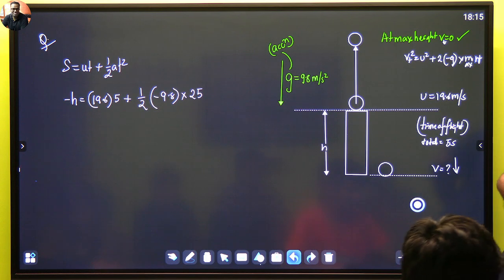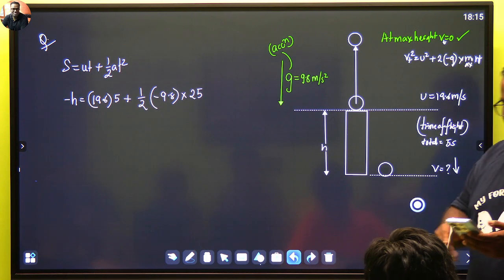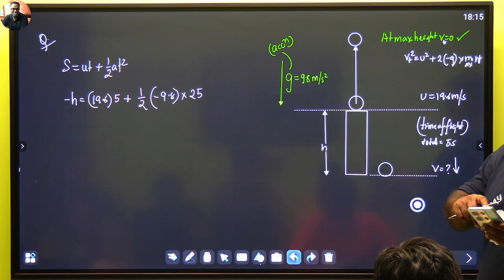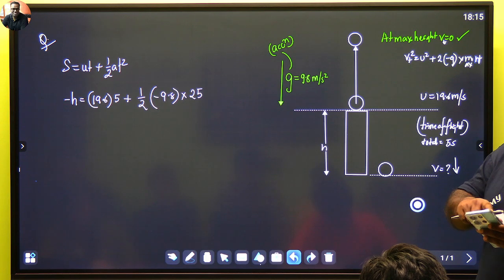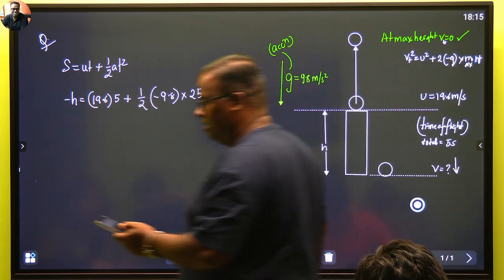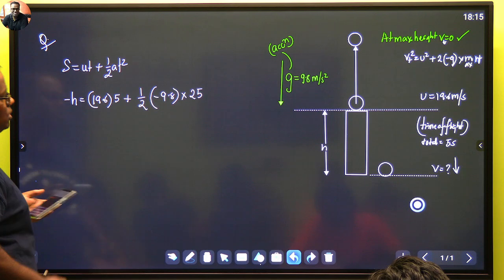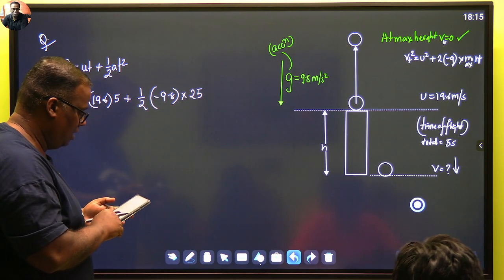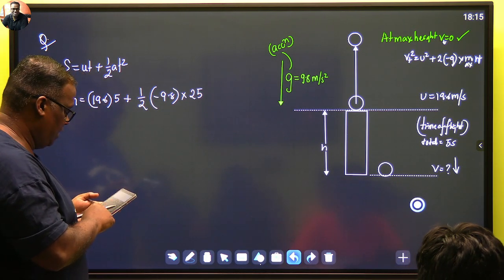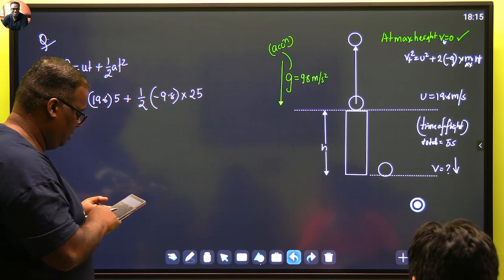Okay, let's use the calculator and do this quickly. So we have 25, and that is being multiplied by 9.8 and divided by 2.